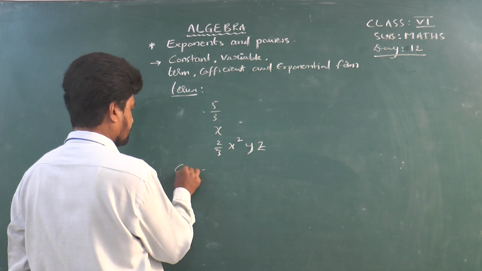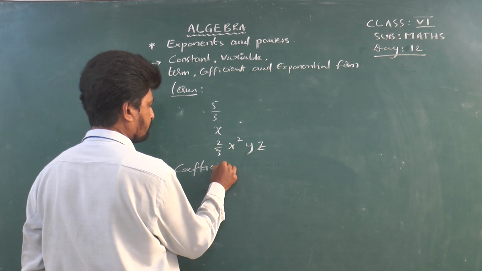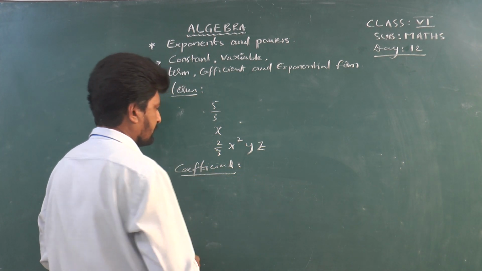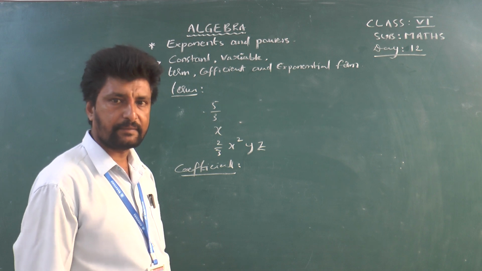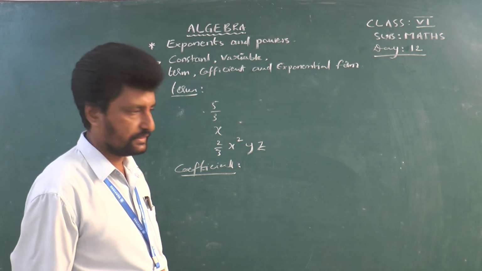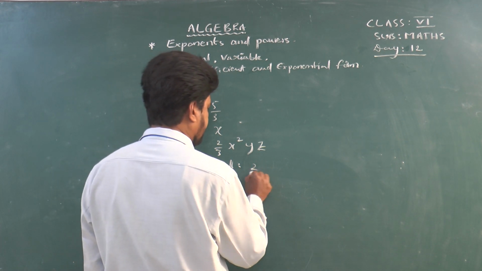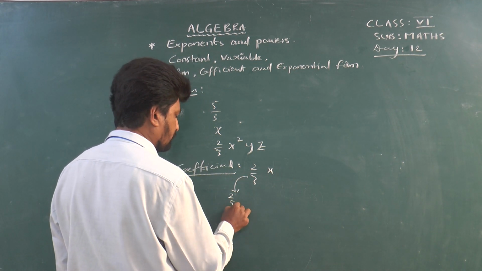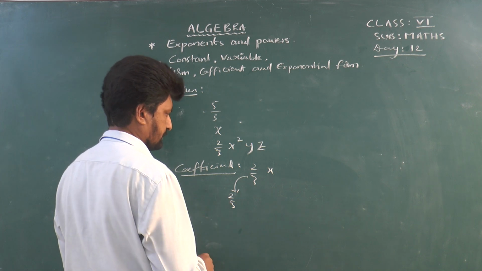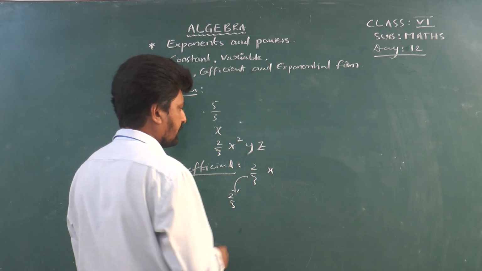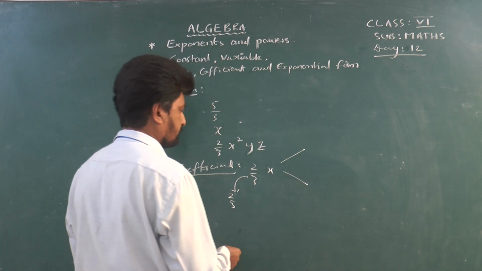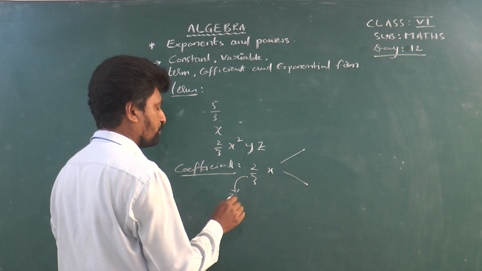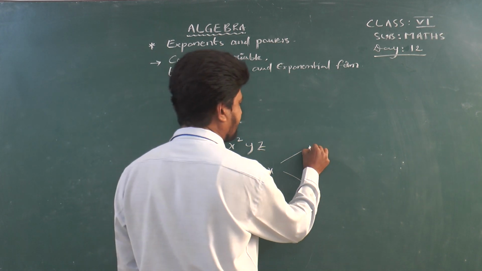Next, coefficient. The numerical factor in a term is called coefficient. Suppose we take 2 by 3x. In that, the numerical factor is 2 by 3. That is called coefficient. And here, actually, two things we have. The numerical factor itself is called the numerical coefficient.